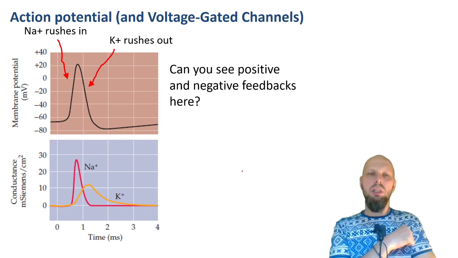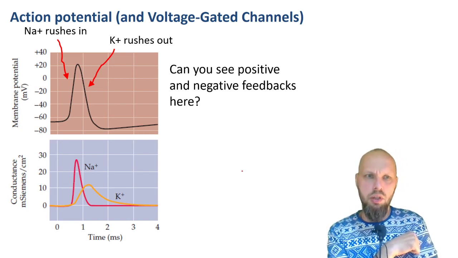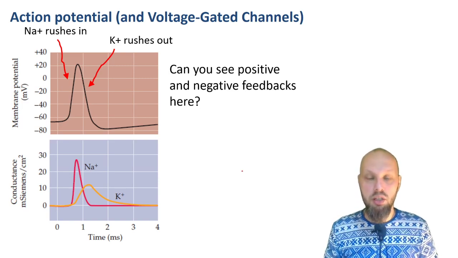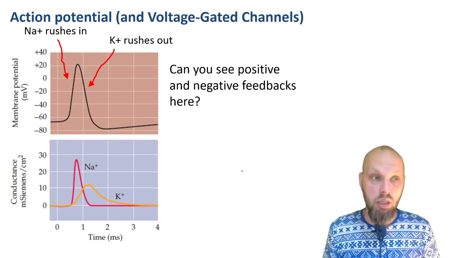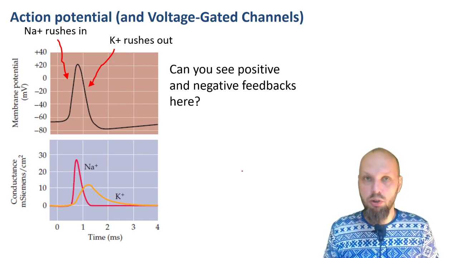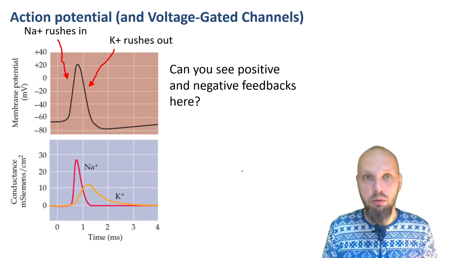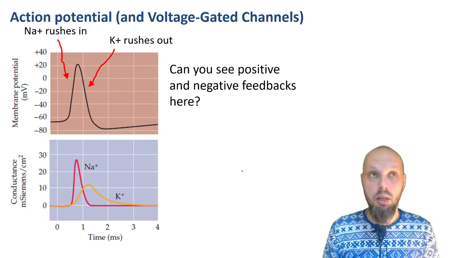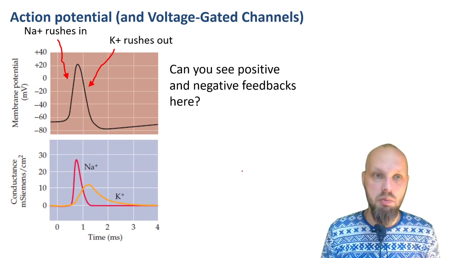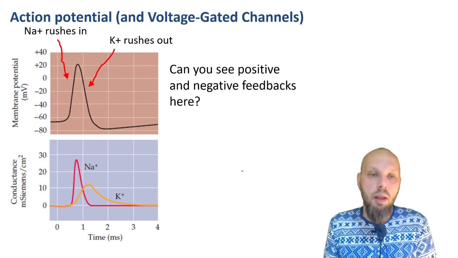So I always wanted to come up with a good metaphor for that. For the first half, for the sodium entering, for the positive feedback loop, we have this explosion thing, or forest fire. Forest fire is another example, especially if the forest is really dry, as they are these days sometimes, thanks to climate change.